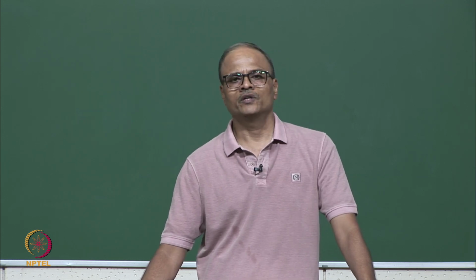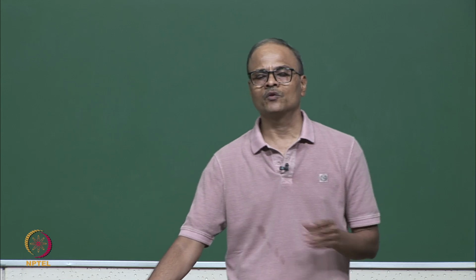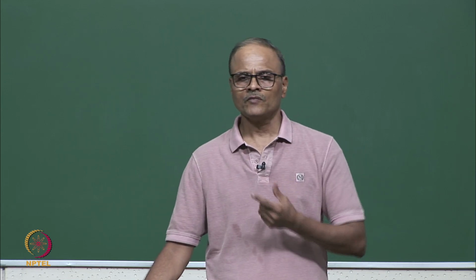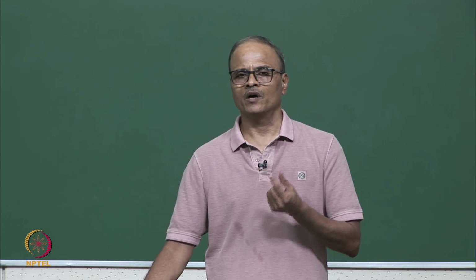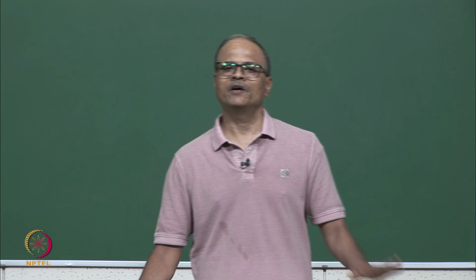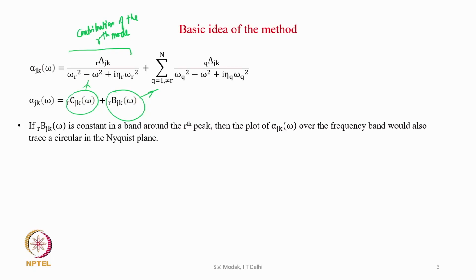So, if that is so, then alpha jk will also trace a circular arc in the Nyquist plane in the narrow frequency band around the rth peak. So, this is the idea behind the circle fit method. Therefore, if rBjk is constant in a band around the rth peak, then the plot of alpha jk over the frequency band would also trace a circular arc in the Nyquist plane.